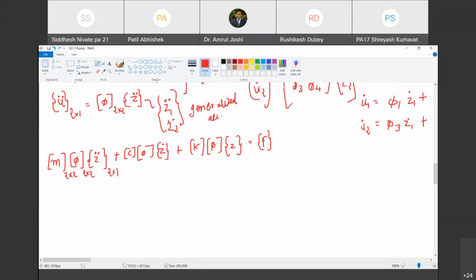I am going to pre-multiply this equation by phi transpose. The moment I do that, phi transpose M phi into Z dot. Are you with me? Plus phi transpose C phi. I hope you know what is transpose.